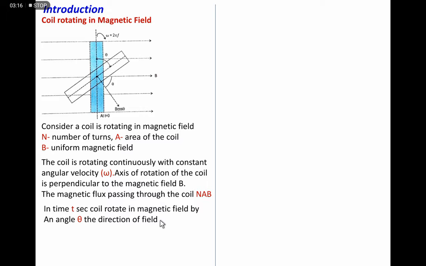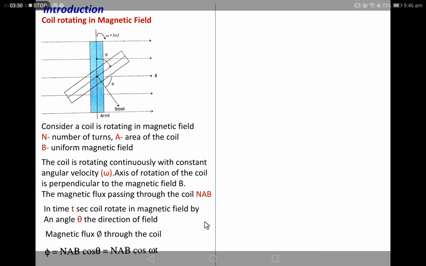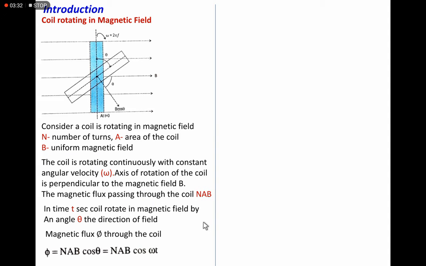In time t, the coil rotates in magnetic field and it makes an angle theta with the field. Then the flux through the coil is phi, and this flux we can explain using the equation phi equal to NAB cos theta. Theta is the angle made by the axis of the coil to the direction of the magnetic field.